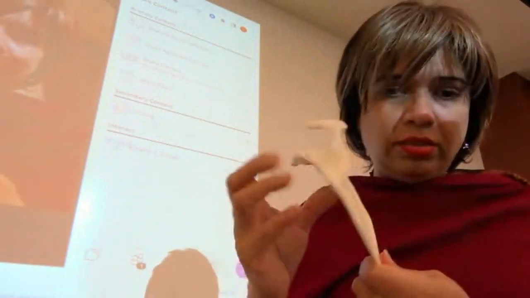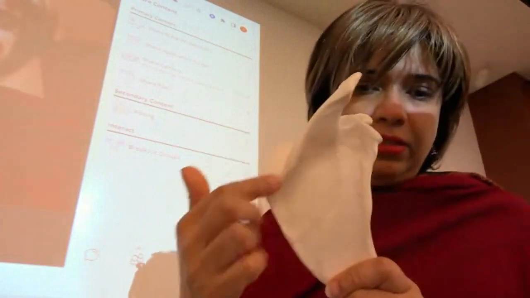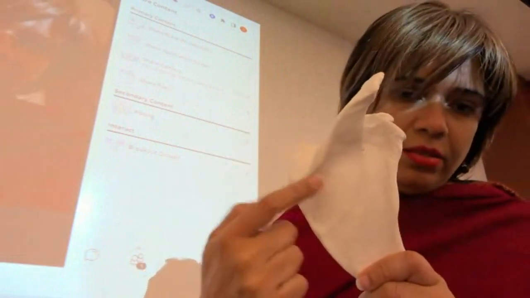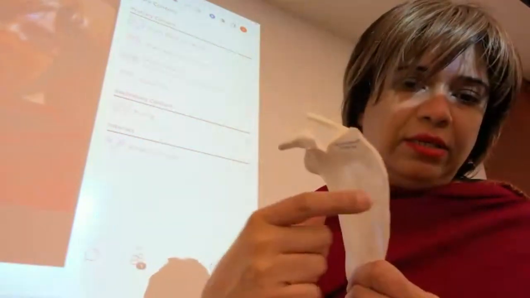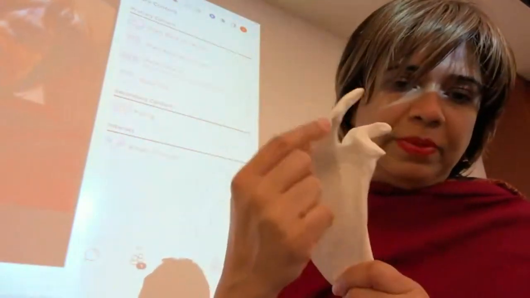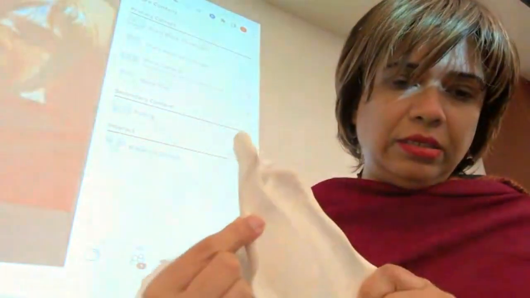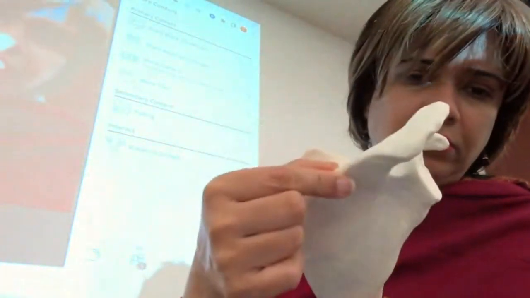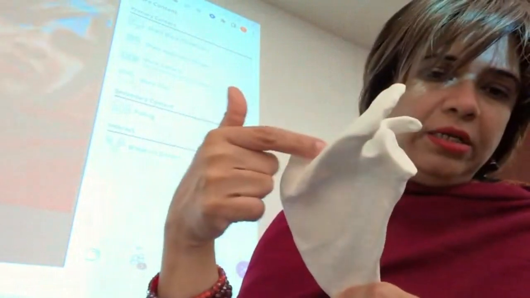Scapula. Spine side tells you that this is posterior side. Flat side is anterior. This is subscapular fossa. This is spine of scapula. This is supraspinous fossa.